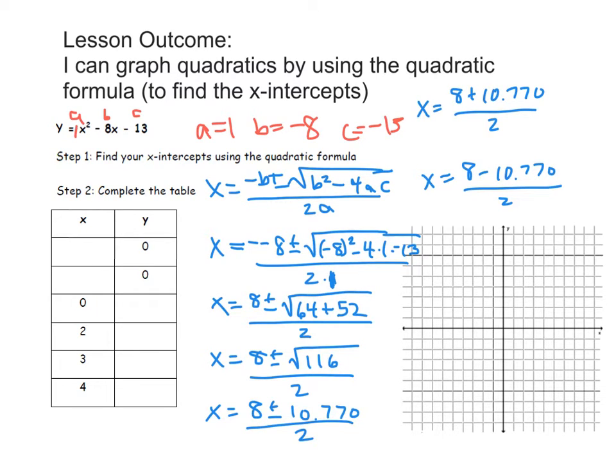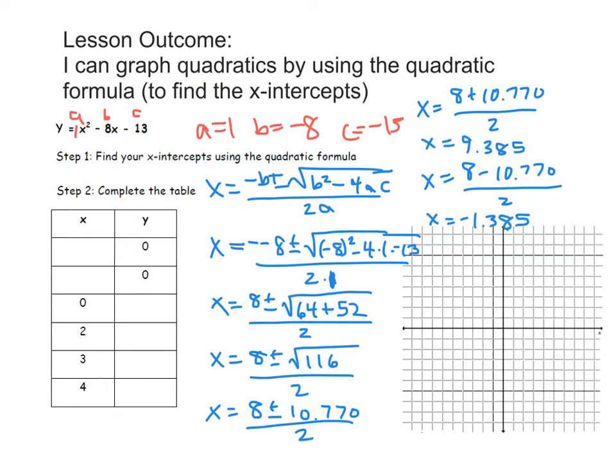And we'll simplify both of those. This first one will be x equals, remember to add the 8 plus 10.770, hit enter, and then divide by 2. You're going to get 9.385. And down here, 8 minus 10.770, and then hit enter, and divide that by 2, and we get negative 1.385.